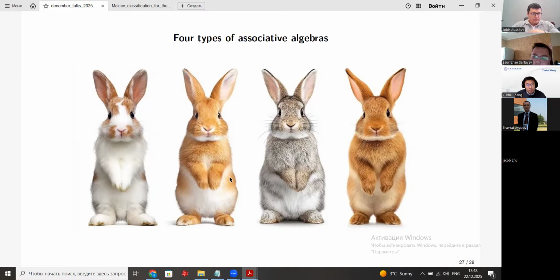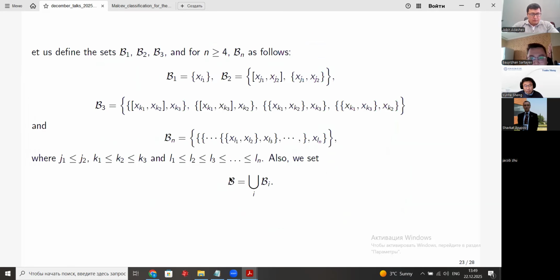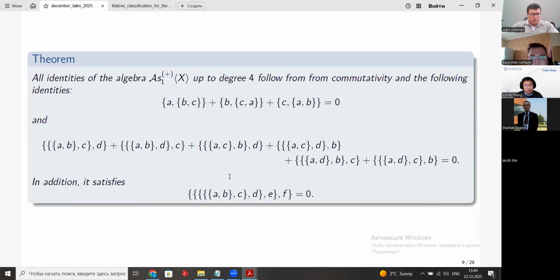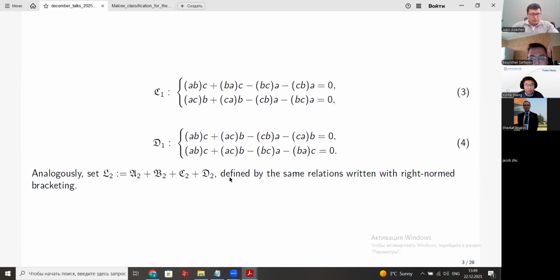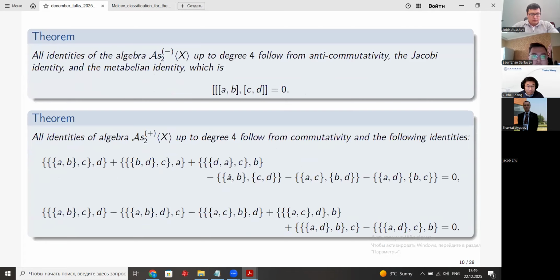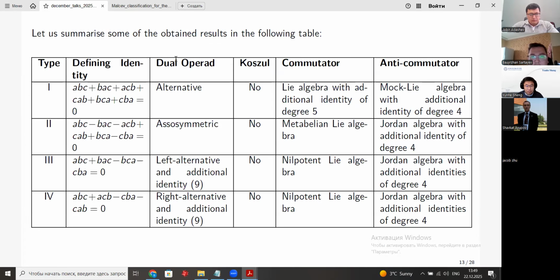And now the next natural question. Today I try to give motivation why the Malcev classification is so interesting for varieties of algebras.